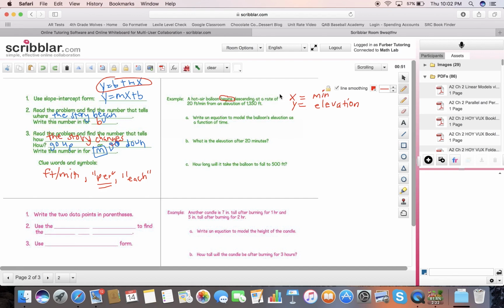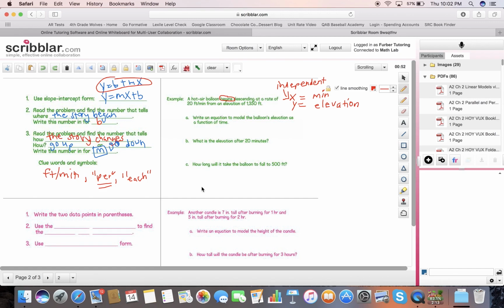And another way of thinking about this is the X is my independent variable. Your independent variable is the thing that you control. I control how many minutes I'm descending, right? If I don't want to descend, then I put more air and I stay steady where I'm at. But if I want to descend, I let air out and I slowly come down with the balloon. I control that.